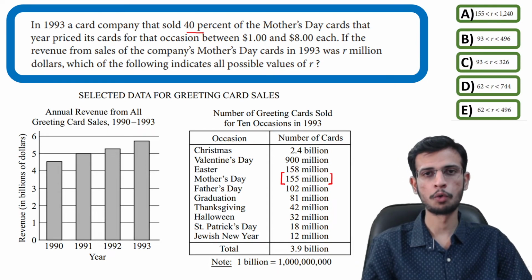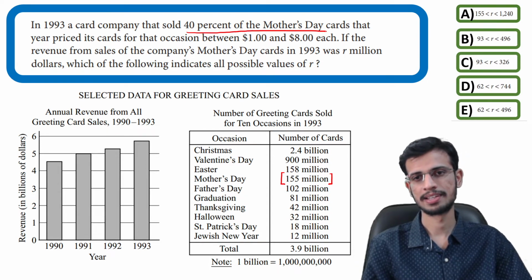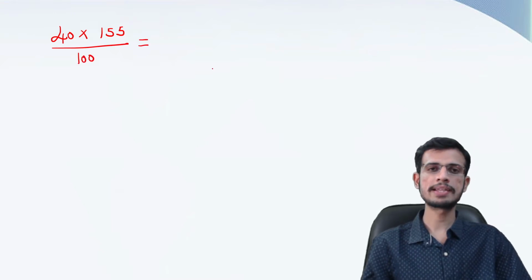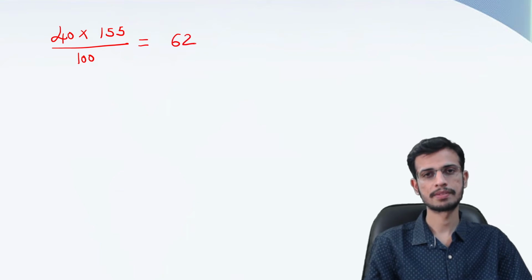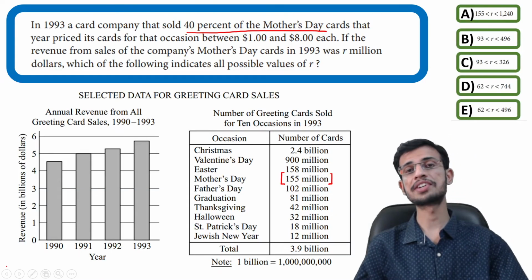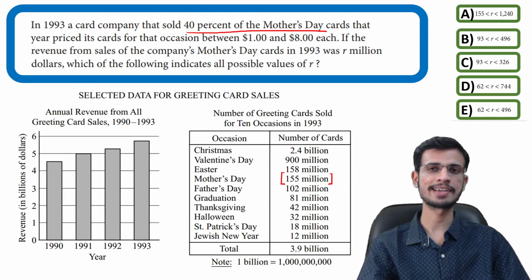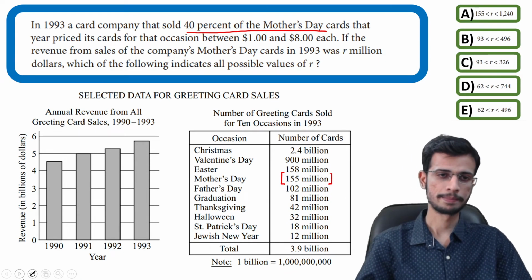This company has sold 40% of this. What is 40% of this? 40 into 155 divided by 100. So this will be 62 million. This company has sold 62 million cards in 1993 for the Mother's Day category.